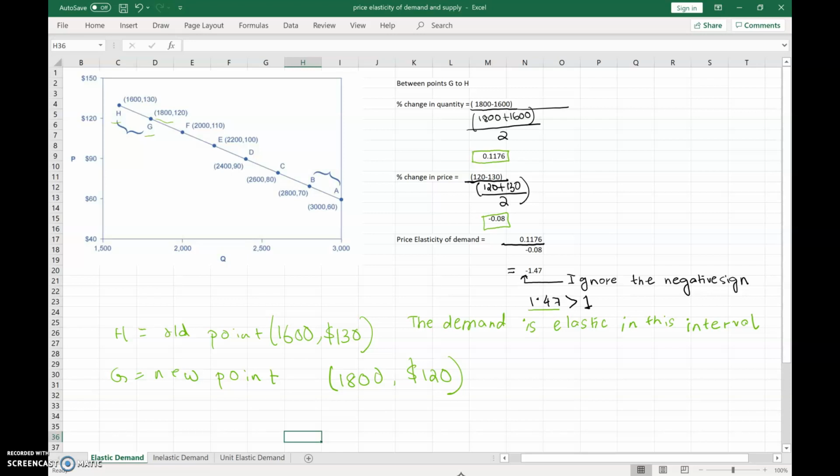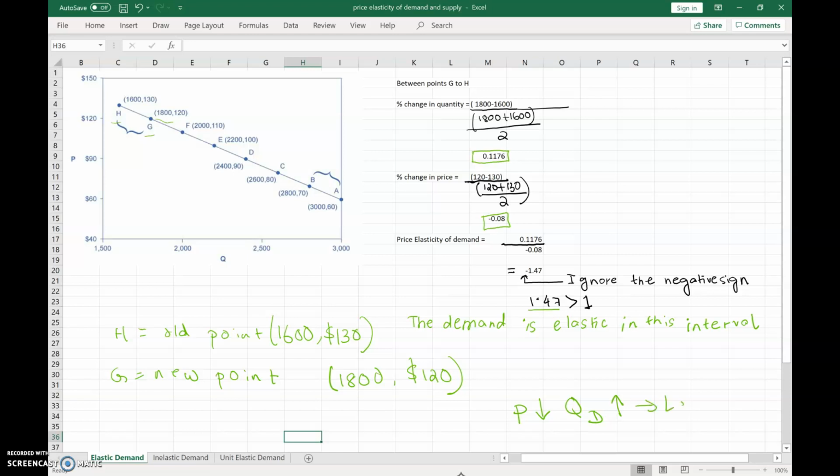I am always going to get a negative sign when I calculate the price elasticity of demand. This is because price and quantity demanded moves in opposite directions. When price is going down, quantity demanded is going up.